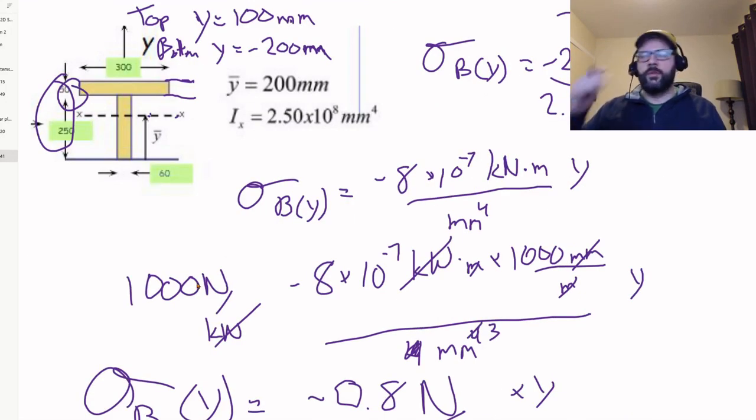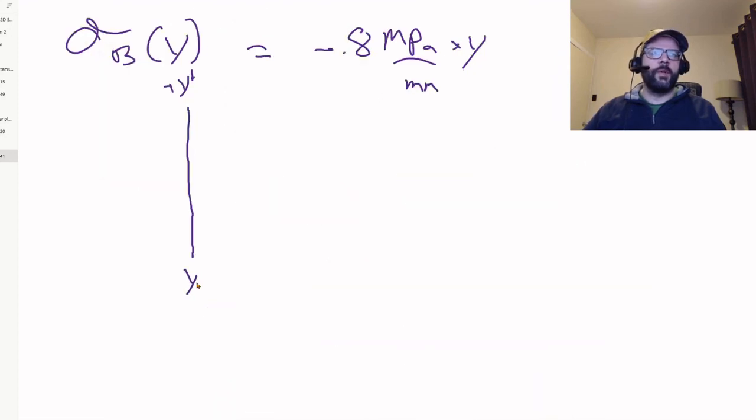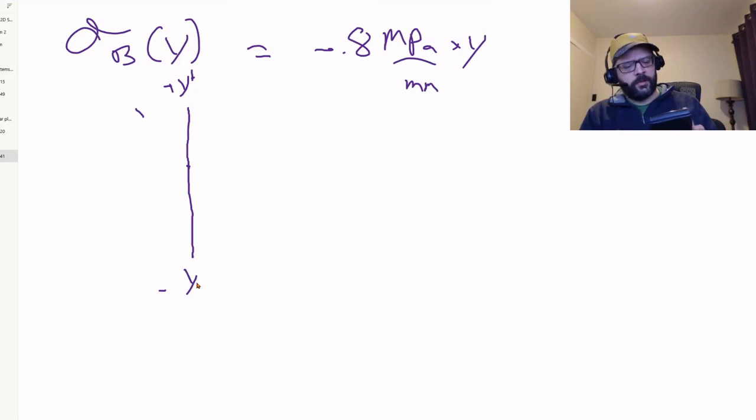So if we wanted to plot plus y, minus y, if we wanted to plot our stress, essentially we'll be starting out at negative 0.8 MPa per millimeter times 100 millimeters, which gives us negative 80 MPa at the top.